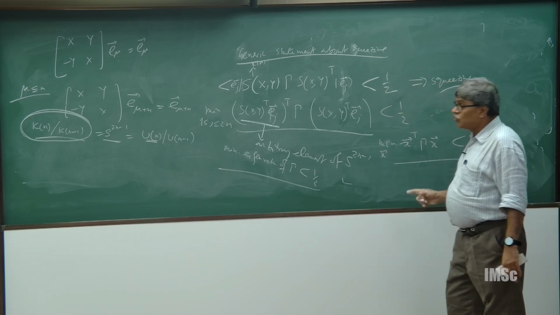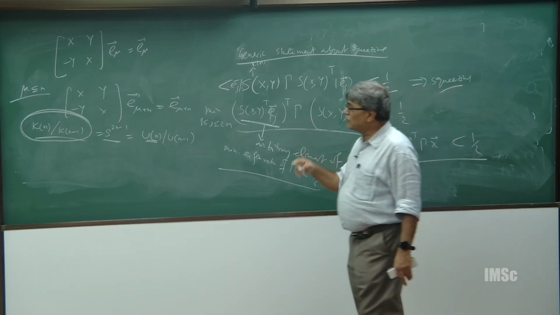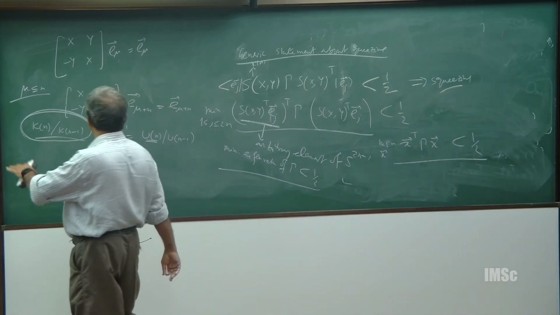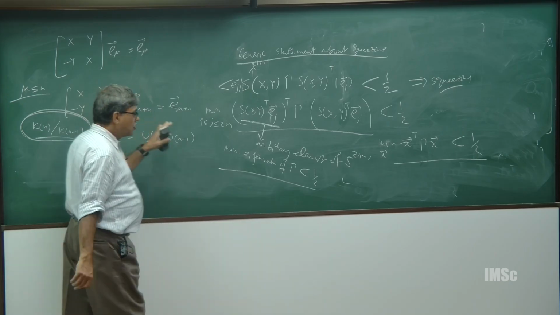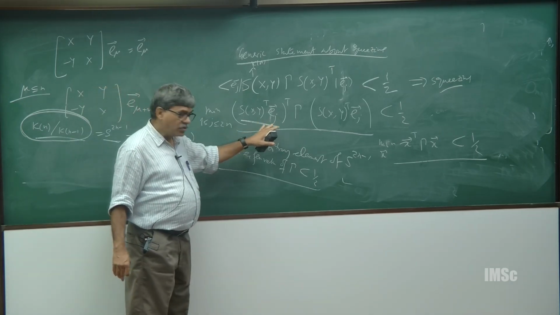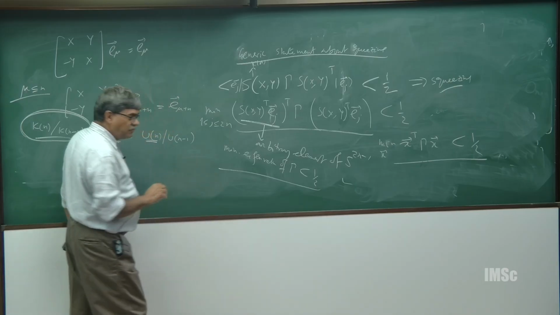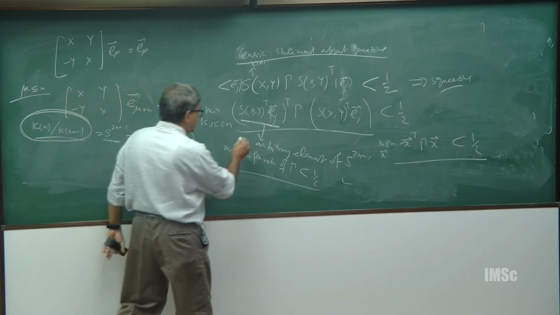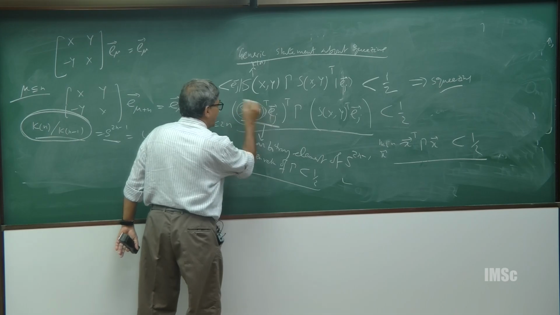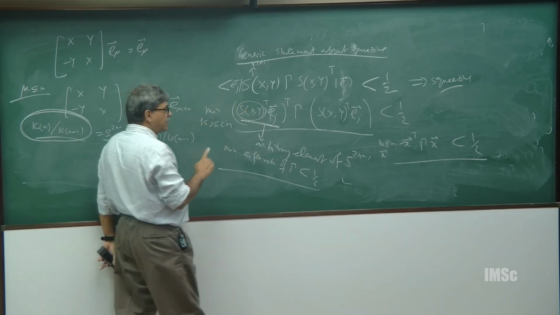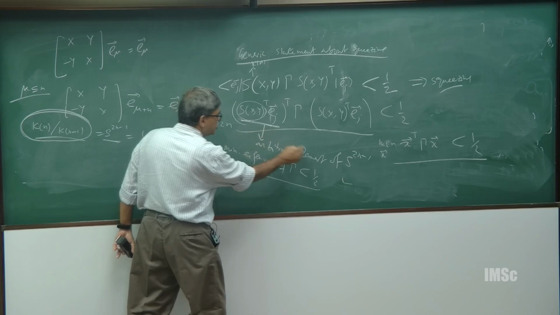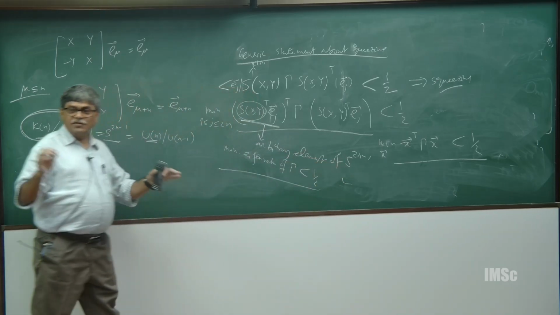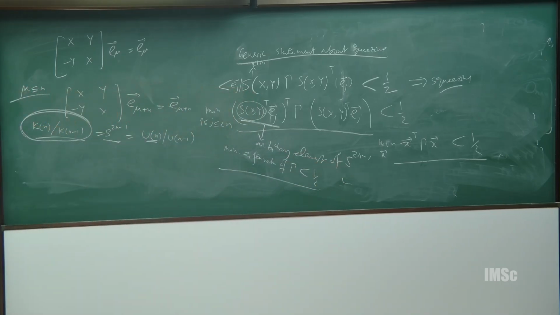Okay. So here I need to use this transitivity property of the action of K_n on S^{2n-1}. So by varying this S_xy, I can take an arbitrary element of S^{2n-1}, right, because this also acts transitively, provided I do not take an arbitrary element of K_n, but in this coset space.